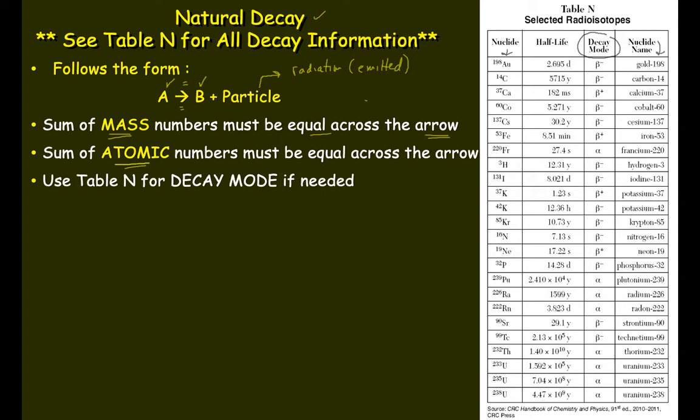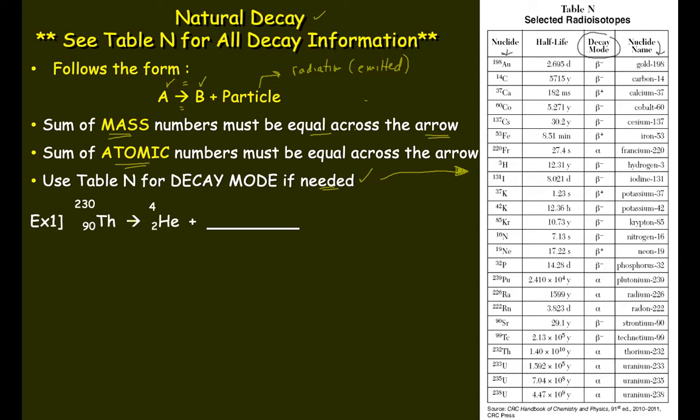Okay. And again, if you need to find the decay mode, if it's not given to you, you have to know that you need to use the table for it. Sometimes a question won't tell you this. So for example, let's just say I have thorium-230. The easiest way that this is given is typically they will give you a nucleus, say thorium-230, and the atomic number would be 90, and they're telling you that it's giving off an alpha particle.